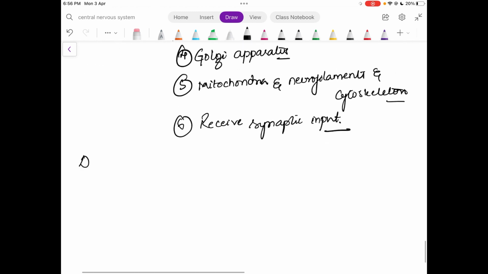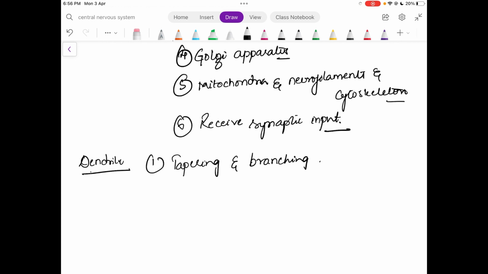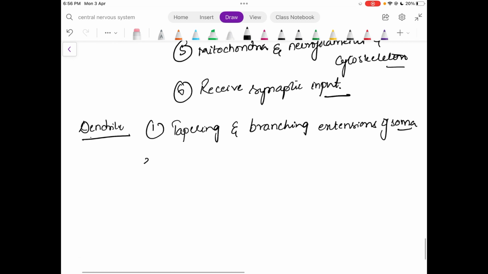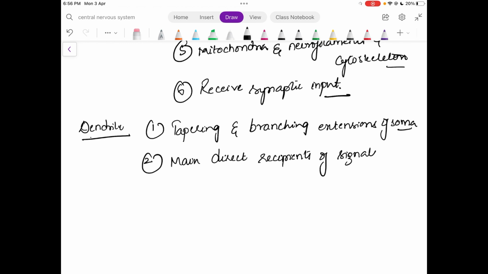from the dendrites. Next is dendrite. They are tapering and branching extensions of soma, that is, the cell body is extended, and they are the main direct recipients of signals from other neurons.